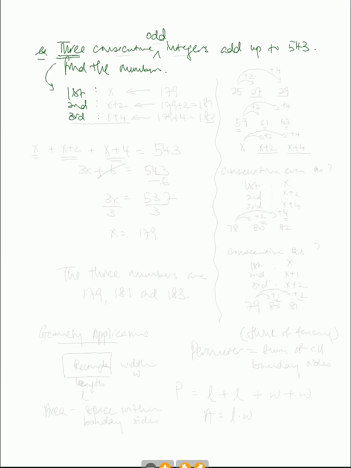Okay, let's understand what consecutive odd integers are. Take for example, if the first number is 25, how would I get the next 2 numbers? We are talking about consecutive odd, right? So after 25, the next number will be 27, and the next number will be 29. How do you go from 25 to 27? How much do you skip by?